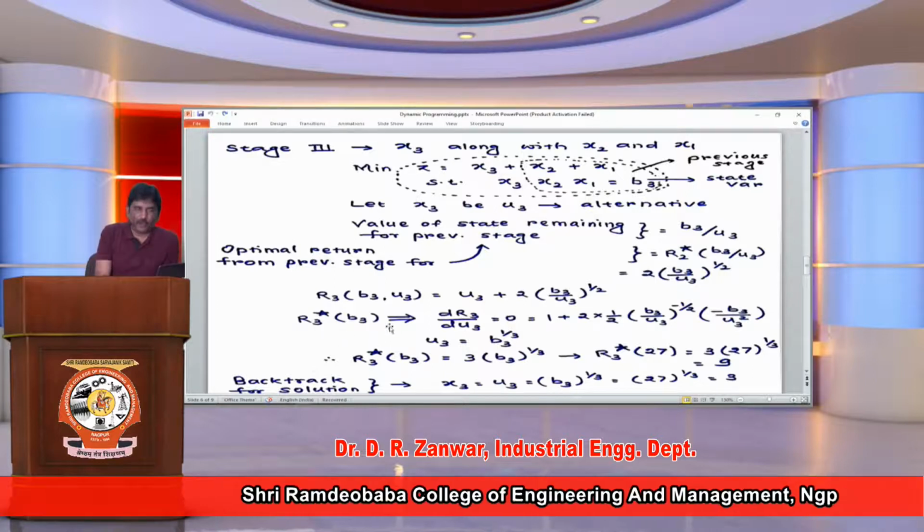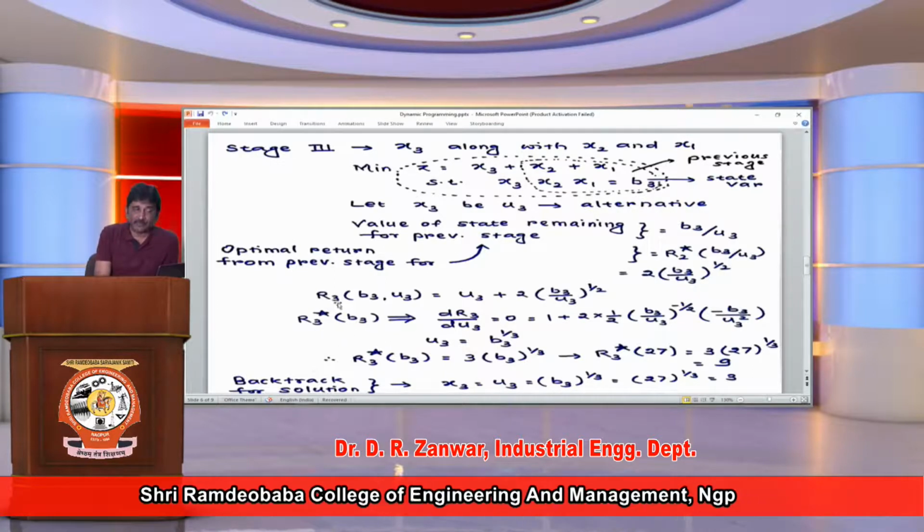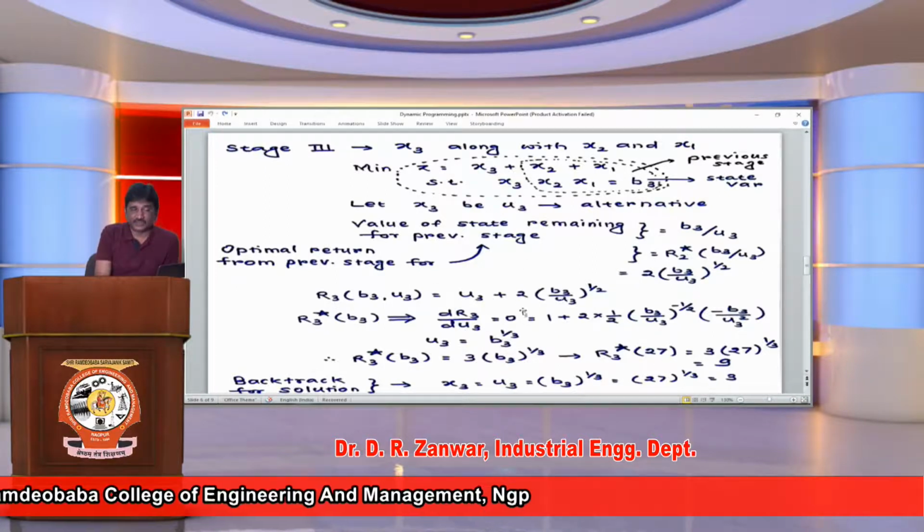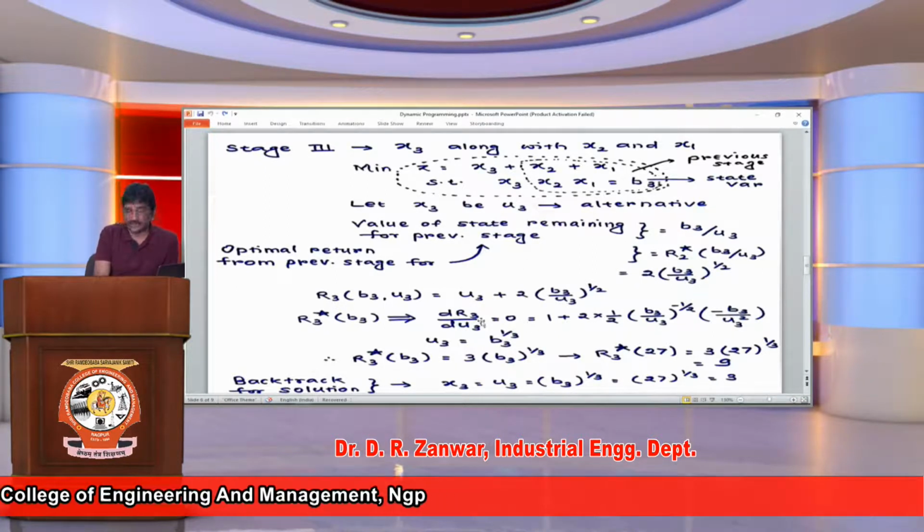Okay, so for finding the minimum value of R3, I need to differentiate this function with respect to U3 and equate to 0. dR3 by dU3 equal to 0.